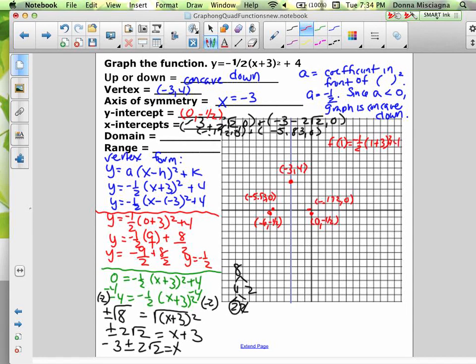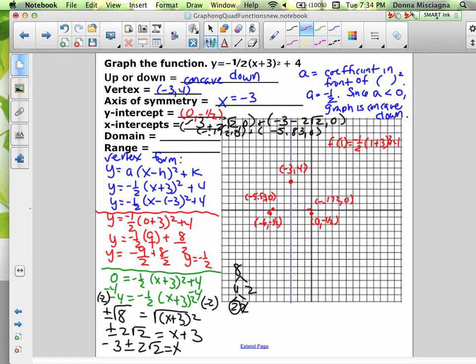You can always plug in an extra value to help you graph. You're not going to want to plug it in between. You want to choose a value that's a little further away, so you get a little bit more graph. All these points here are really close to the x-axis. So maybe you want one that's a little further away from the x-axis.